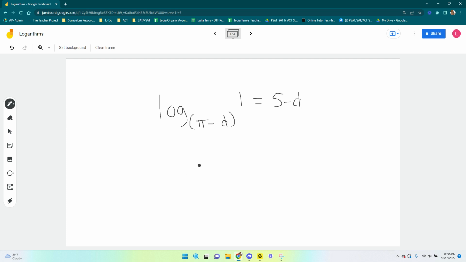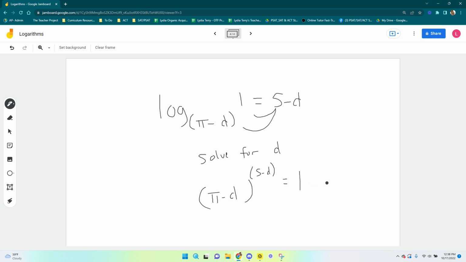Solve for D. Okay, well, that looks pretty spicy, huh? So let's go ahead and rearrange this with our velociraptor talon trick. So we're going to have pi minus d to the 5 minus d power is equal to 1. We'll just think about powers.